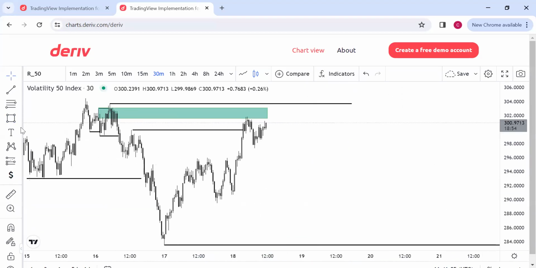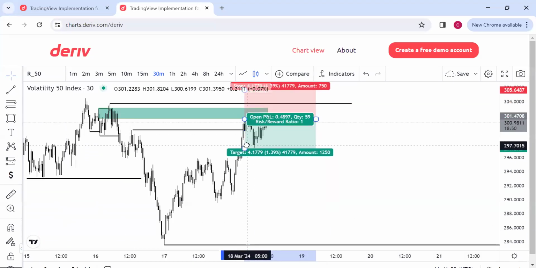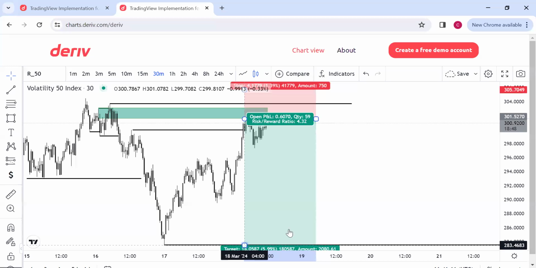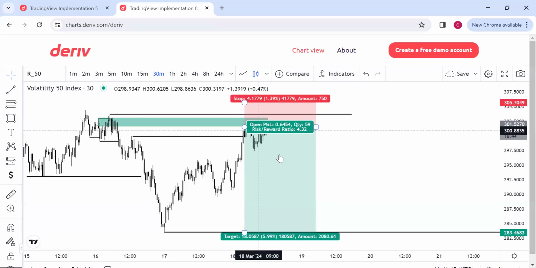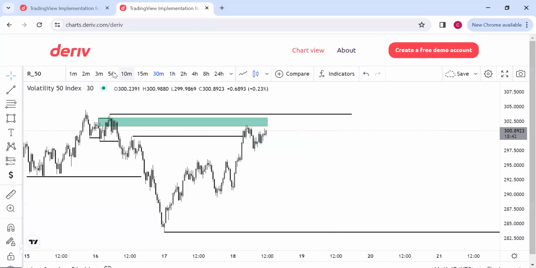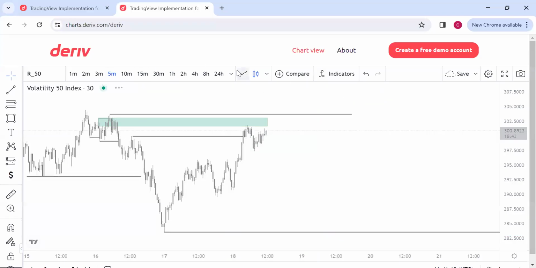So this means price is doing what? Price is going to sell from here to here. So what do we want to do? We want to look for sell opportunities, right? We want to look out for sell opportunities here. Now let's go to the 5 minutes time frame. Let's see if price started selling from a supply level.